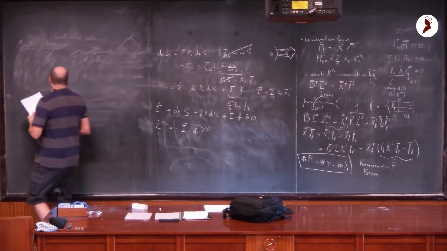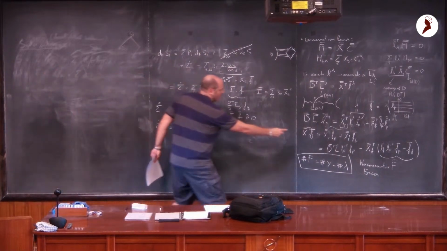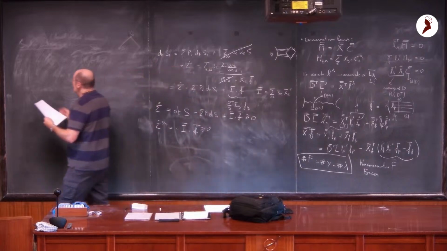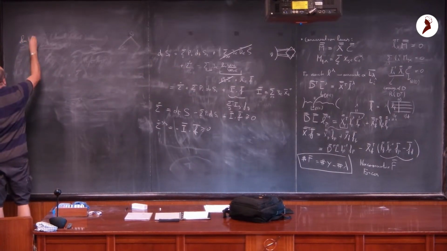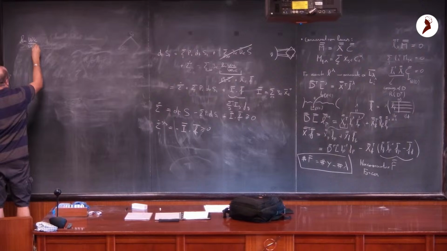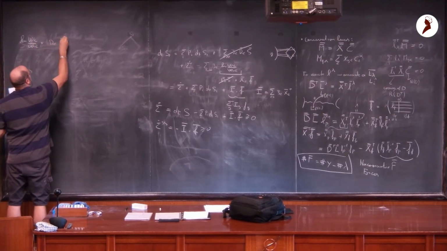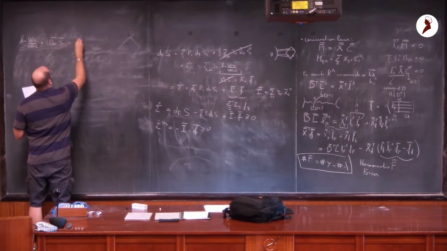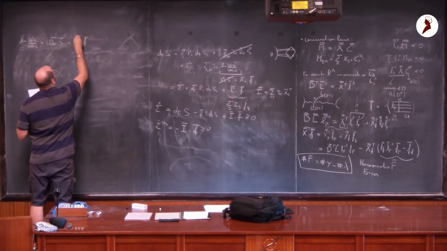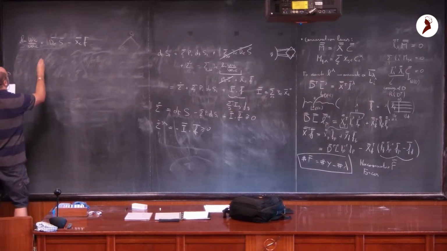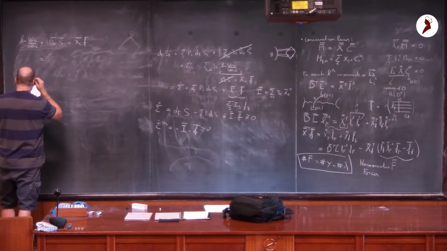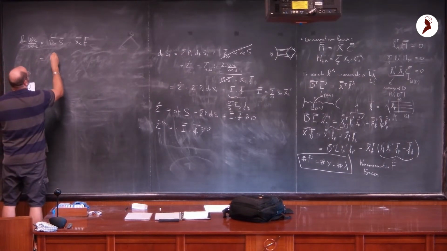I can now, this was xf. I can go back to my local detail balance, log W(E) over W(minus E). This was ds minus xef. So now I use this to write dE.